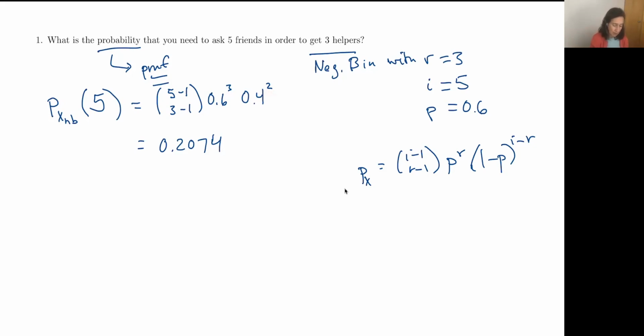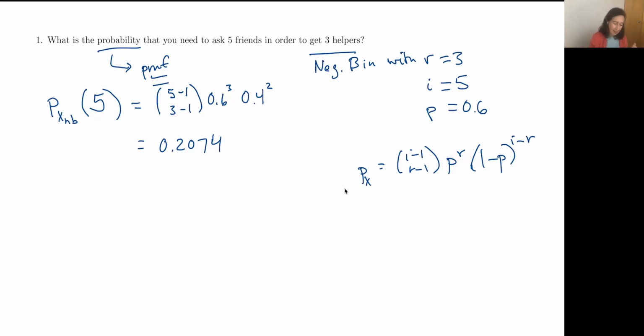The number of trials for the negative binomial here is our i. That's the question we're asking: how many trials to satisfy the r criterion? So we should see the exponents adding up to i, and indeed we see it in the formula: r plus i minus r is i.